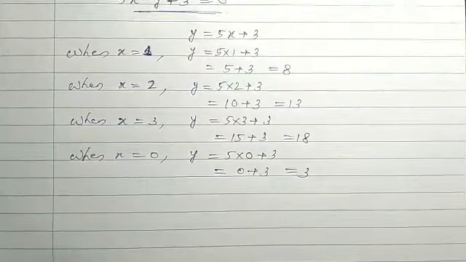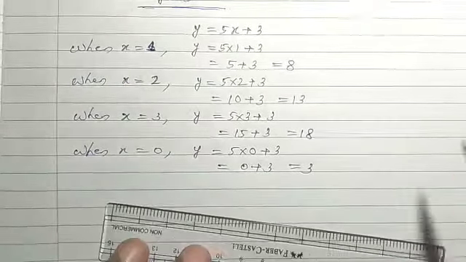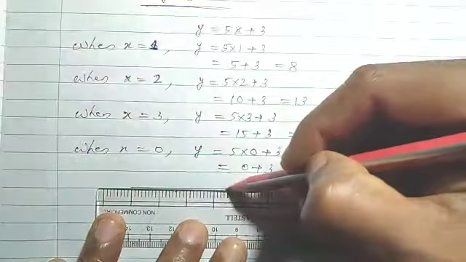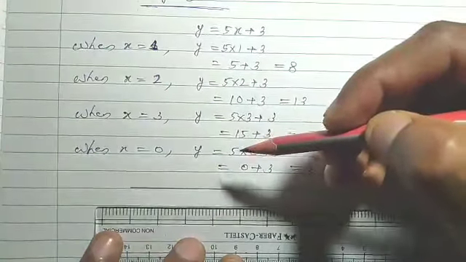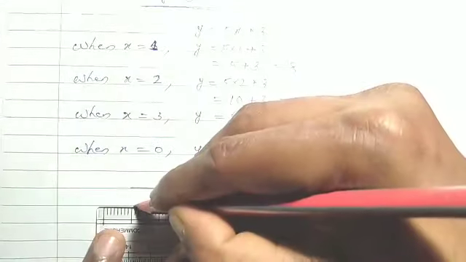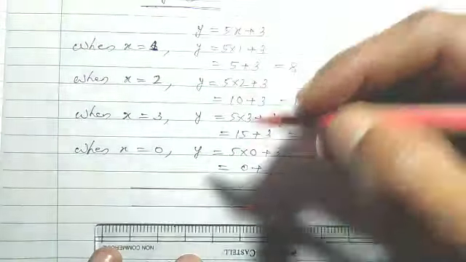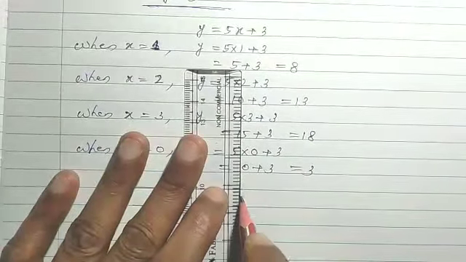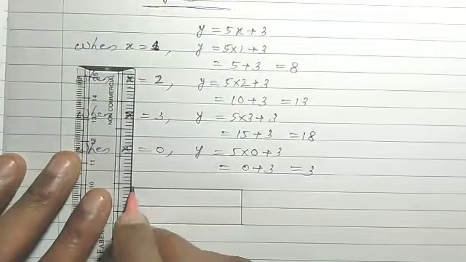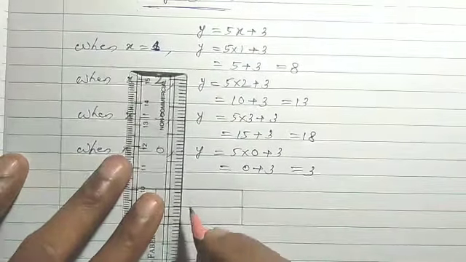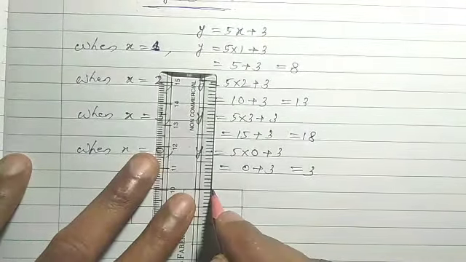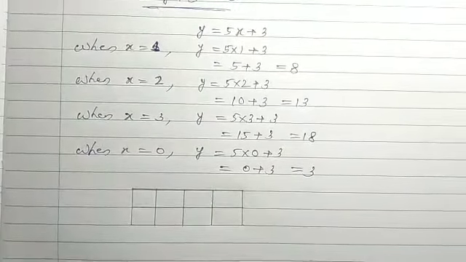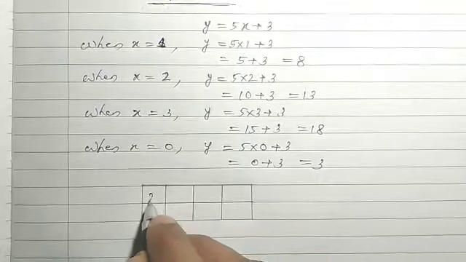Now we have to draw a table and write all these solutions in that table. After that we have to draw the graph. First we have to write x and y.